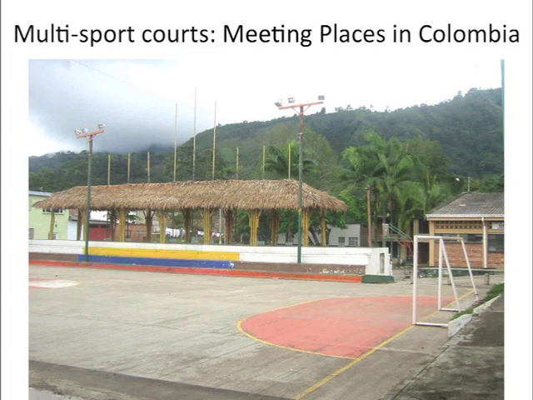One place where dialogue with armed groups and attempts to resolve threats often occur, at least in Colombia, is in areas where armed groups come to have meetings with communities. This is an example of a multi-sport court that you find frequently across the Colombian countryside, what they call a polideportivo. Often this is the biggest area where people can meet.